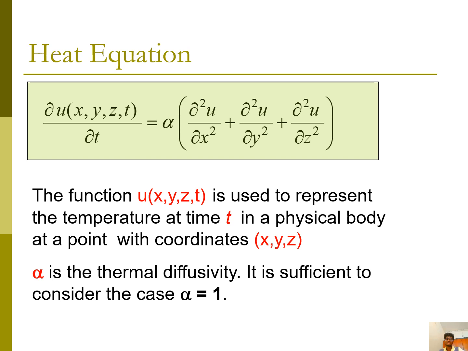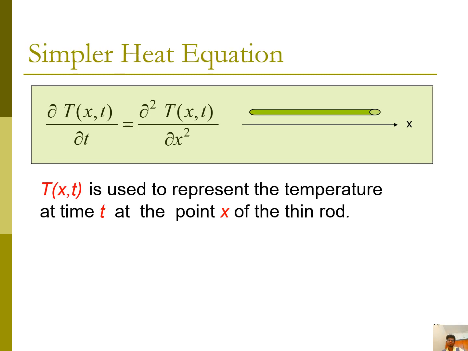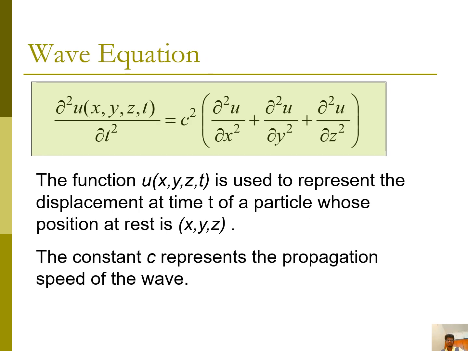Alpha is the thermal diffusivity. It is sufficient to consider the case alpha equal to 1. Simpler heat equation: ∂T(x,t)/∂t = ∂²T(x,t)/∂x². T(x,t) is used to represent the temperature at time t at the point x of the thin rod.